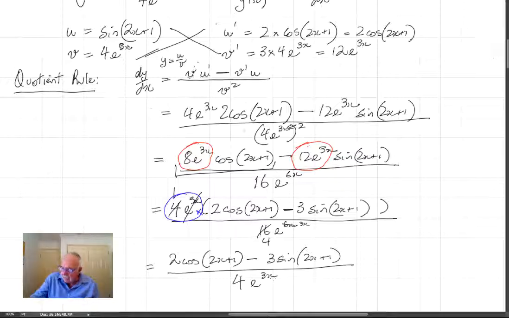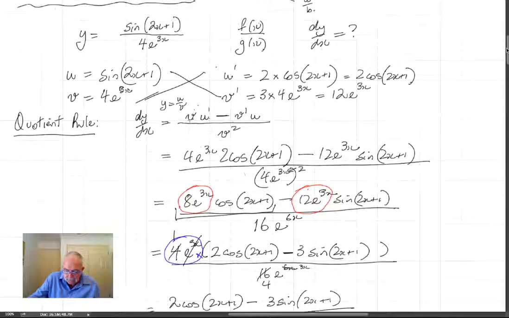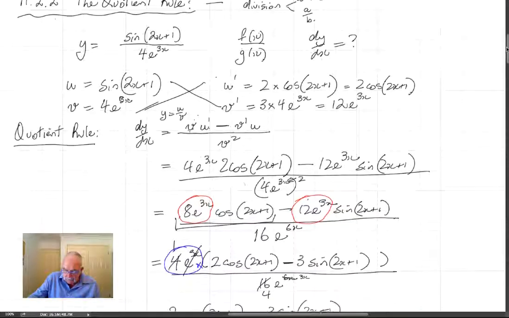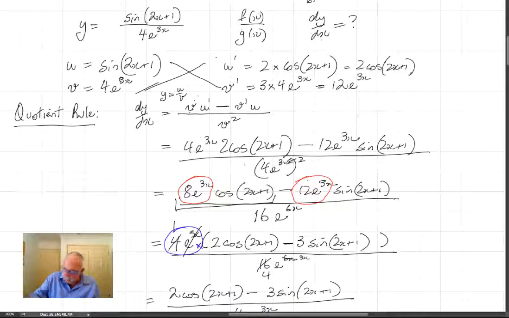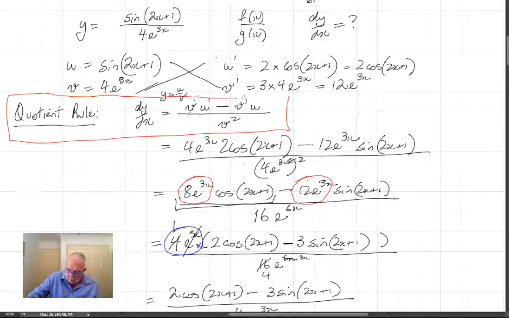Okay, quite involved, mainly because both of them are functions of functions, but the quotient rule is one that you need to remember. There it is in short form. Identify u is the numerator, v is the denominator, and you need to find the derivative of each. It's always a minus up here.